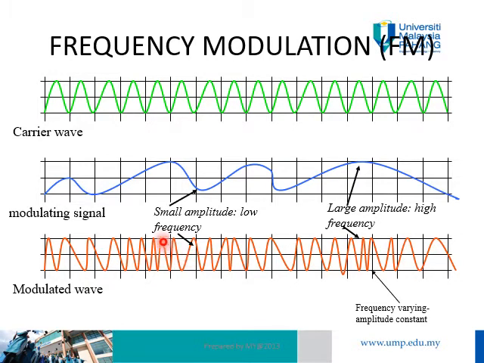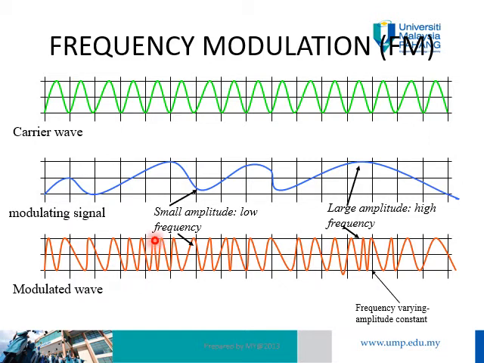The frequency varies according to what? We can see here that a small amplitude of the modulating signal results in low frequency in the FM modulated signal. Small amplitude, low frequency. Here it shows large amplitude of the modulating signal, which results in high frequency in the FM signal.